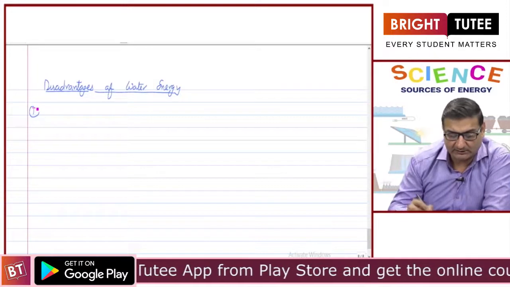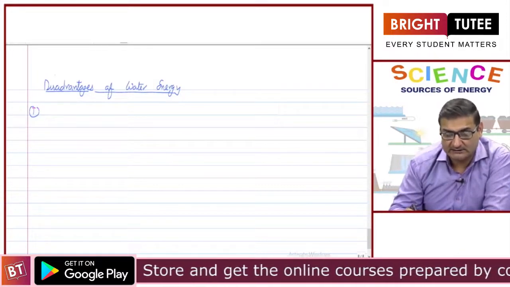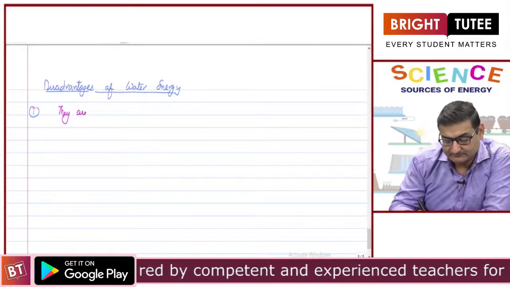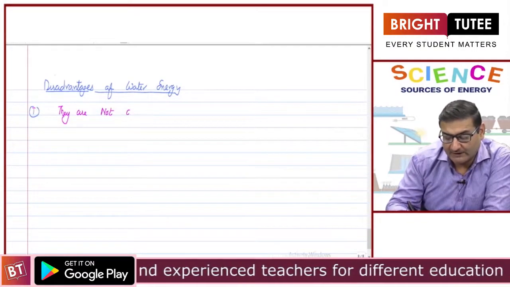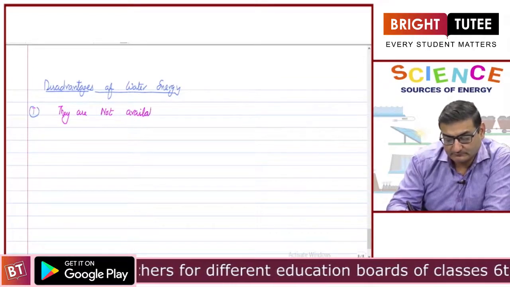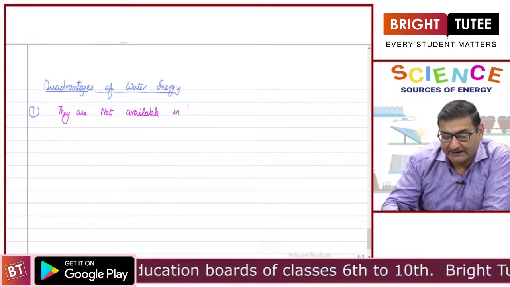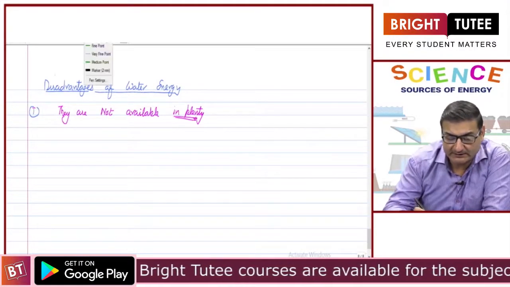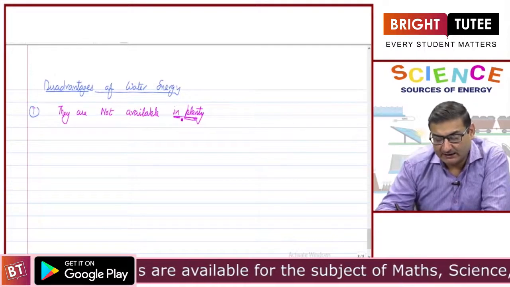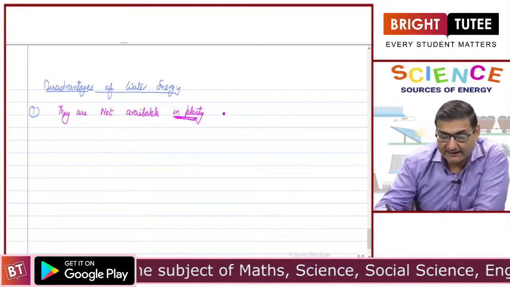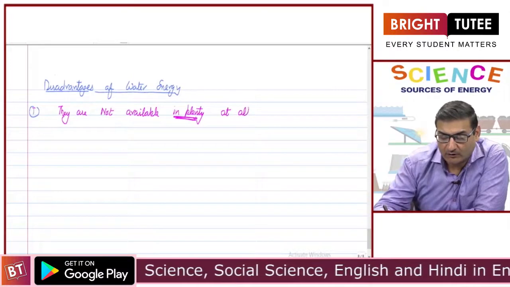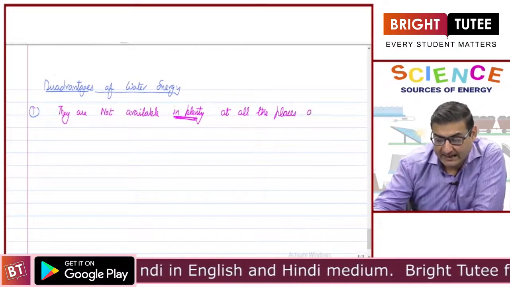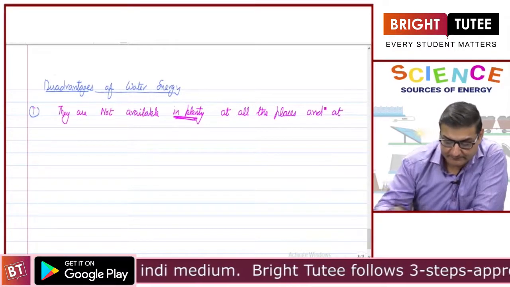The first important drawback or limitation or disadvantage is that they are not available in plenty. Now, I am focusing on this particular thing, in plenty. They are not available in plenty at all the places and at all the times.